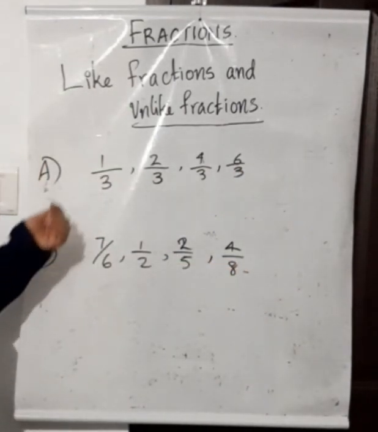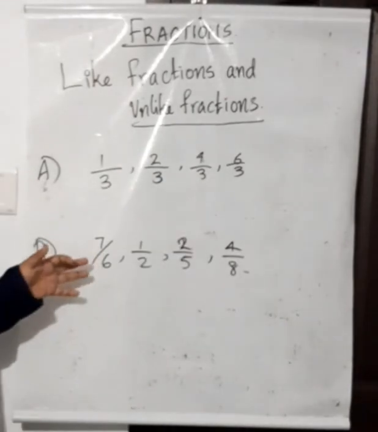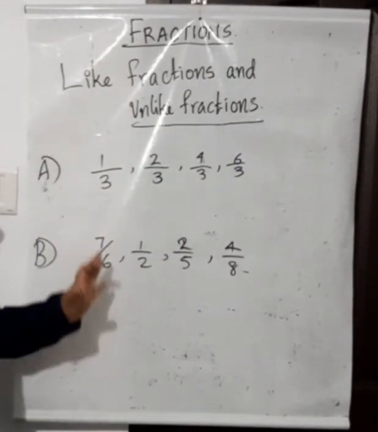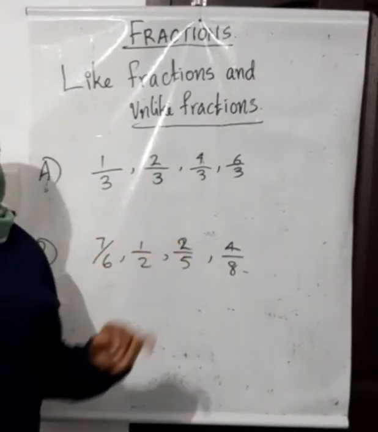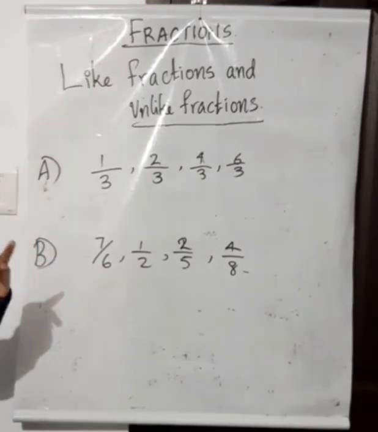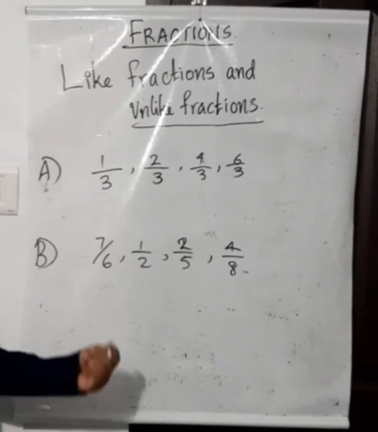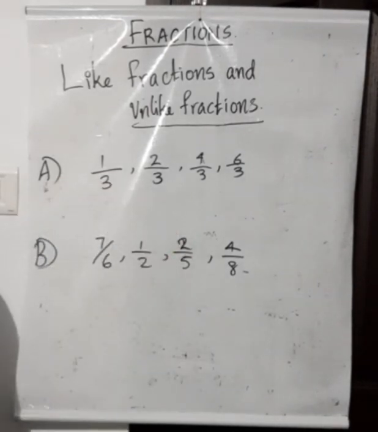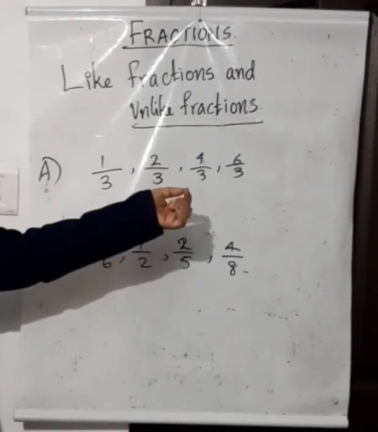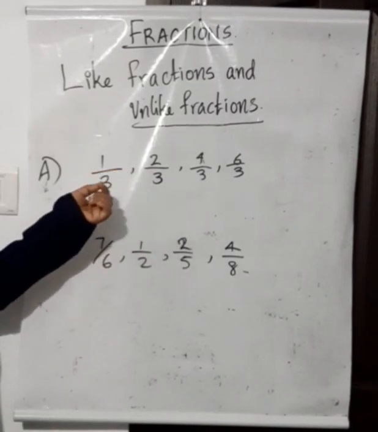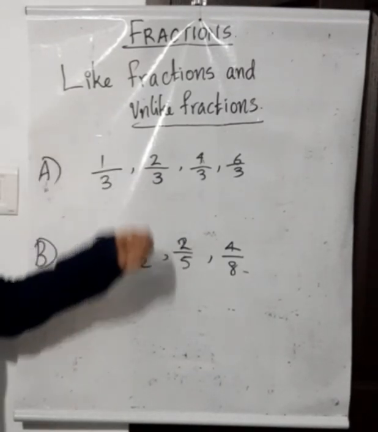And what about the second set of examples? Here we have 7 by 6, 1 by 2, 2 by 5 and 4 by 8. Do they have any common feature? For the first set, the common feature was that they have the same denominators.